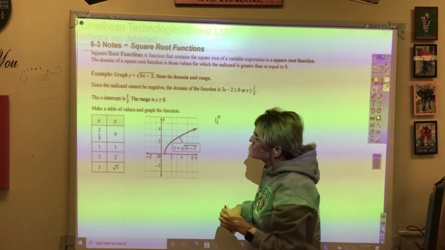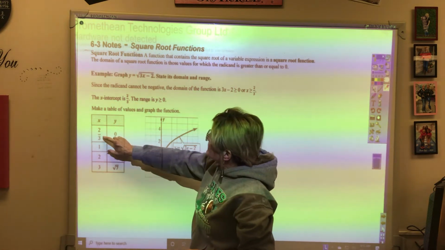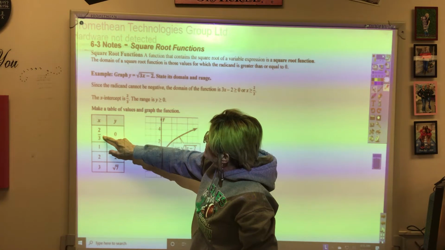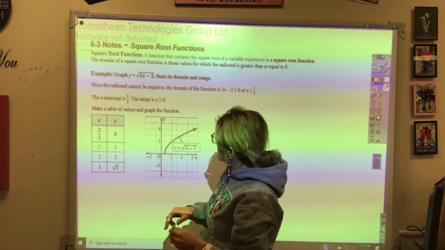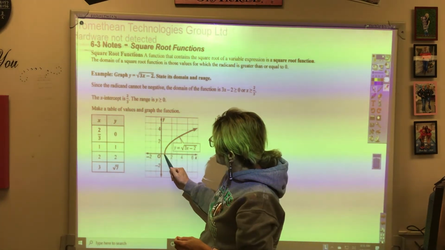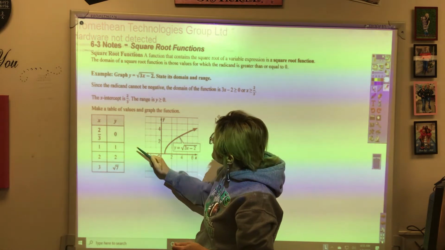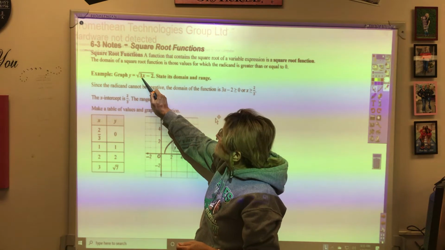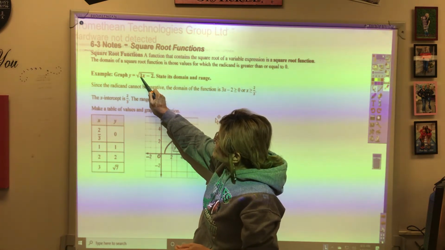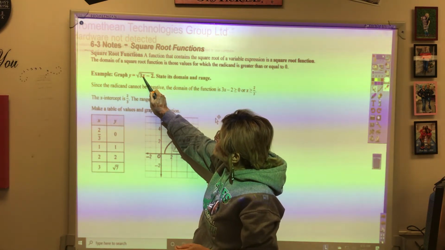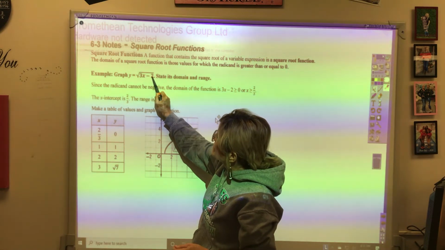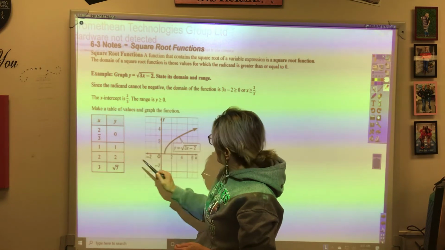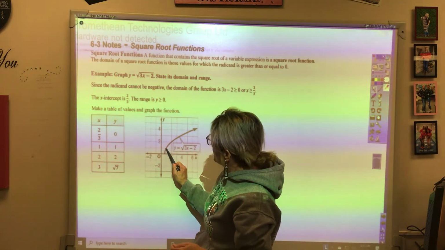In this first example, they've started with the starting point of the domain, which was 2/3, and we know that y is 0, so you just have to approximate where that is. Then they plugged in a 1, and you can use your calculator. 3 times 1 is 3, minus 2 would be 1, the square root of 1 would be 1. So we have a point at 1, 1.